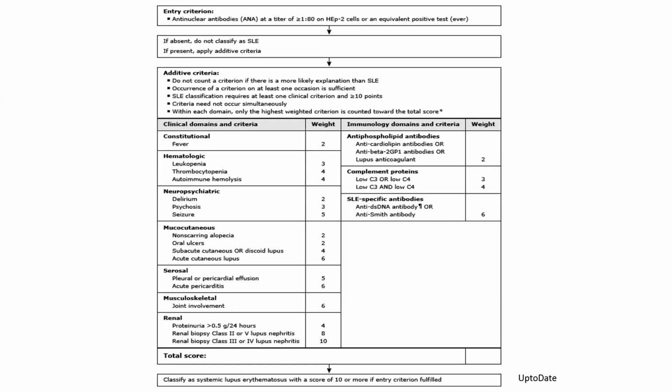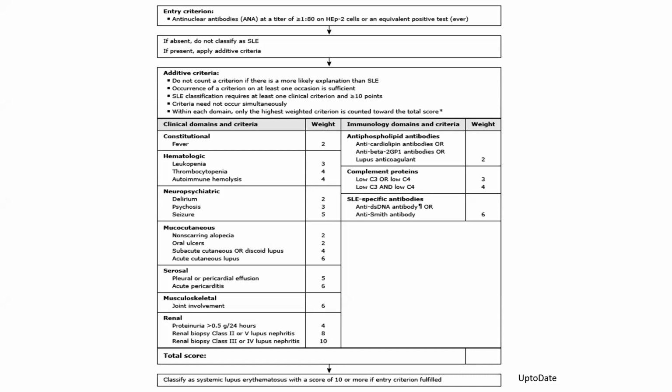Let me give you one practical example here to make it more clear. Assume that our patient has ANA with a titer of 1 to 160. This patient would meet the entry criterion, and if there is no other possible explanation, then we would move on to assess for clinical symptoms. If the patient has any of the clinical symptoms, then we would determine which ones they are and count them toward the total points.